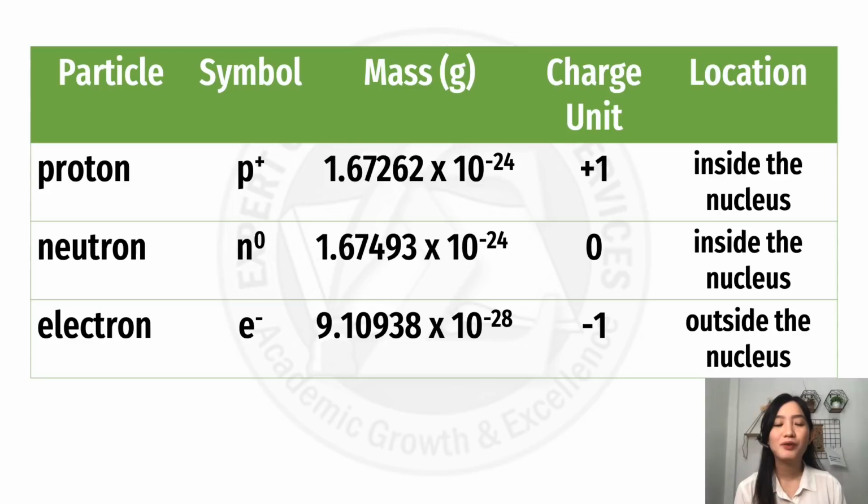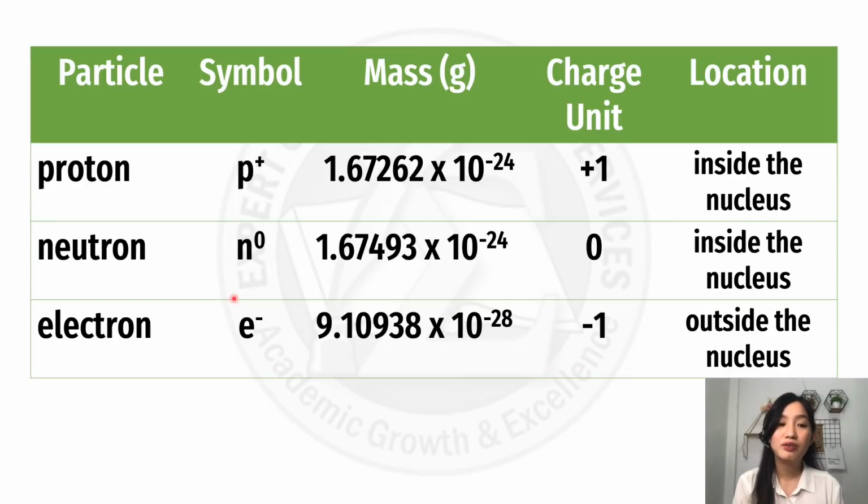To sum it up, we can see in the table that the proton has a symbol of p raised to positive, a mass of 1.67 times 10 raised to negative 24, and a charge unit of positive 1, and is located inside the nucleus.